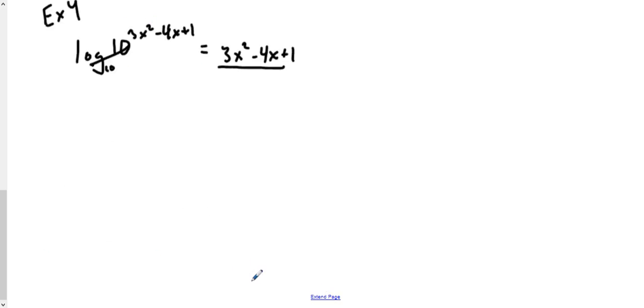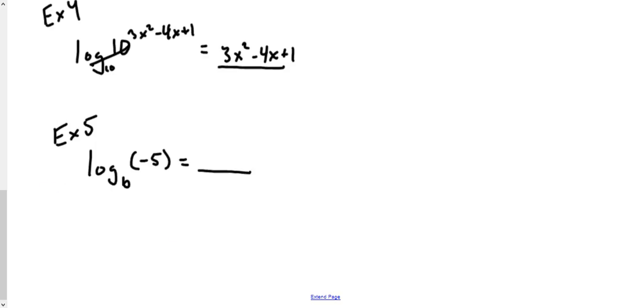Okay. Final one. This always throws students for a loop. If I said find log base b of negative 5. Now, this isn't really using any of the inverse properties, but it's just using a property of logs. But what is the answer?